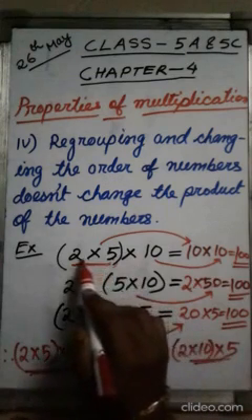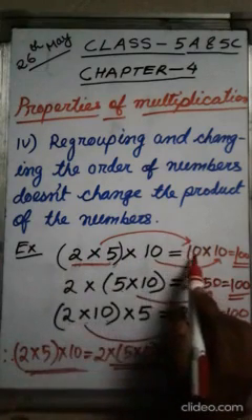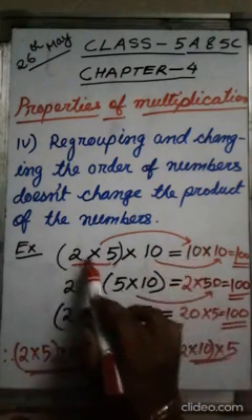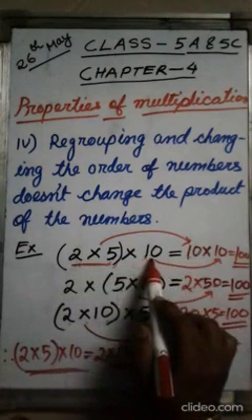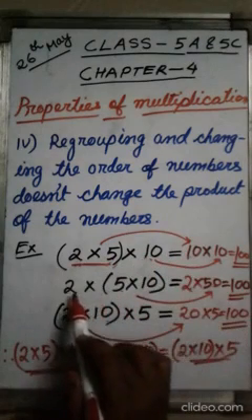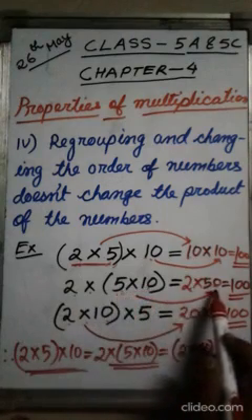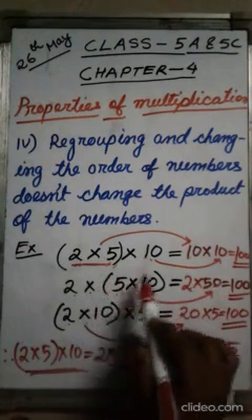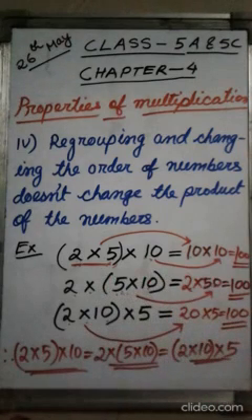Here also within bracket you have 2 into 5, so you multiply 2 into 5 first. 2 into 5 is 10, then you multiply with this 10. Here 2 into within bracket 5 into 10, so you multiply 5 into 10, 50, first because it is inside bracket. So you have to consider this like I have shown you.